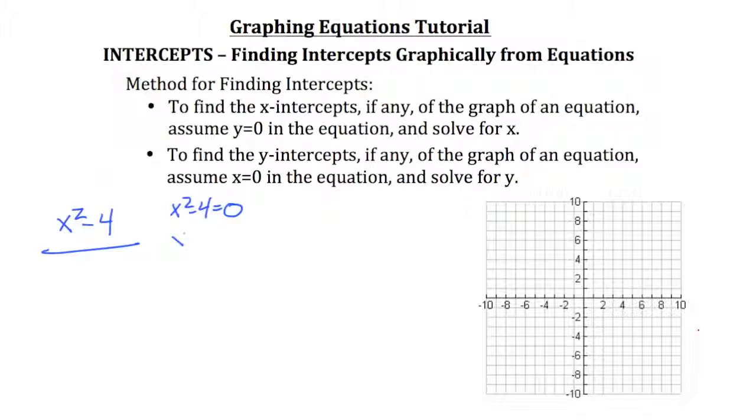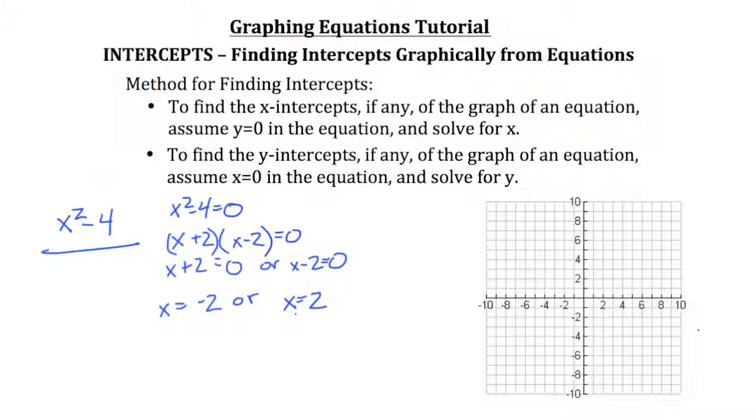We'll go ahead and factor: x plus 2 times x minus 2 equals 0. Factoring out, we get x plus 2 equals 0 or x minus 2 equals 0. Using the zero product property, we come up with x equals negative 2 or x equals 2. Next, let's find the y-intercepts, assuming x equals 0, and solve for y.